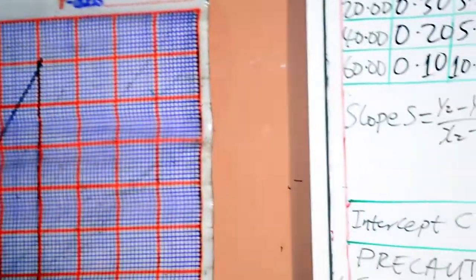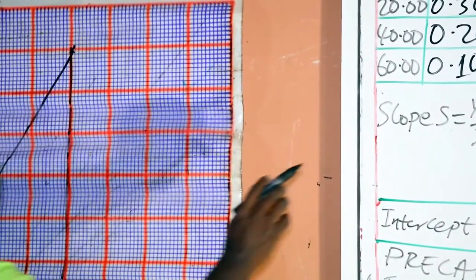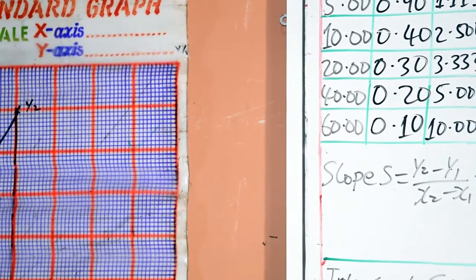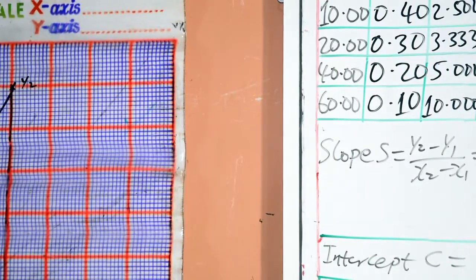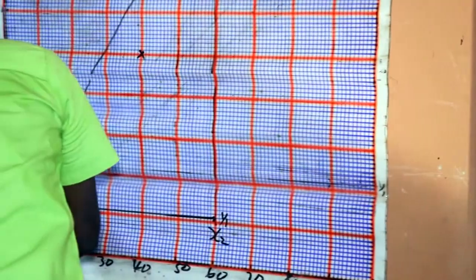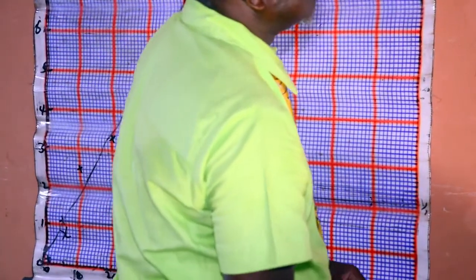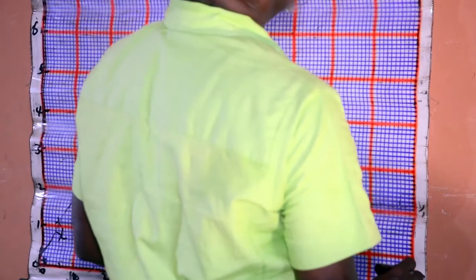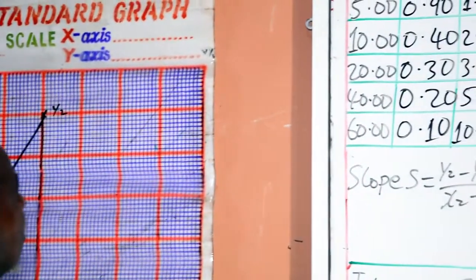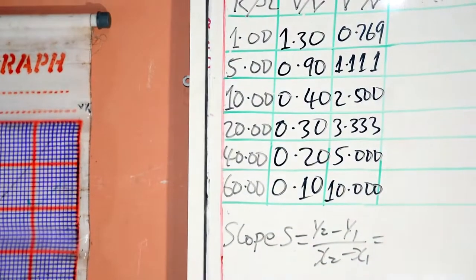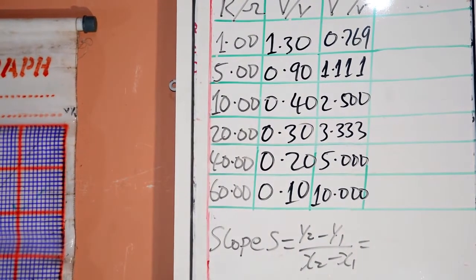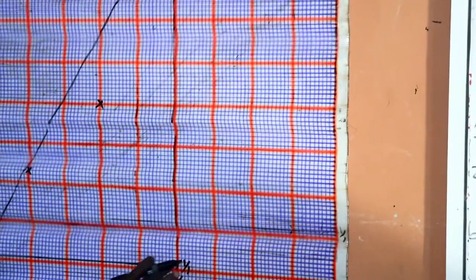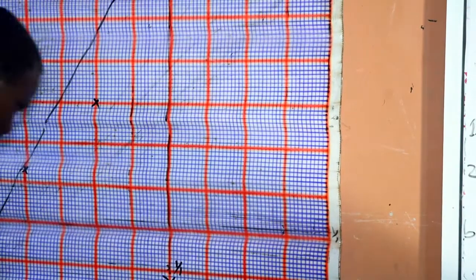So y2 is equal to 10, y1 is equal to 0.77, x2 is equal to 60, x1 is equal to 1. Slope is y2 minus y1 over x2 minus x1.